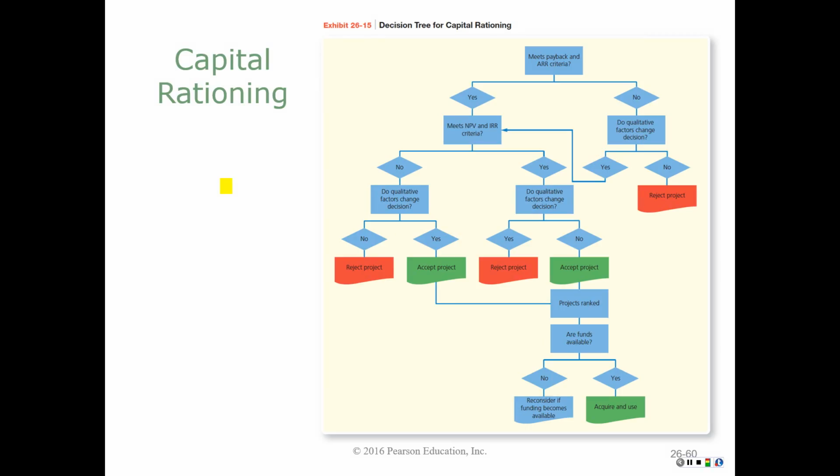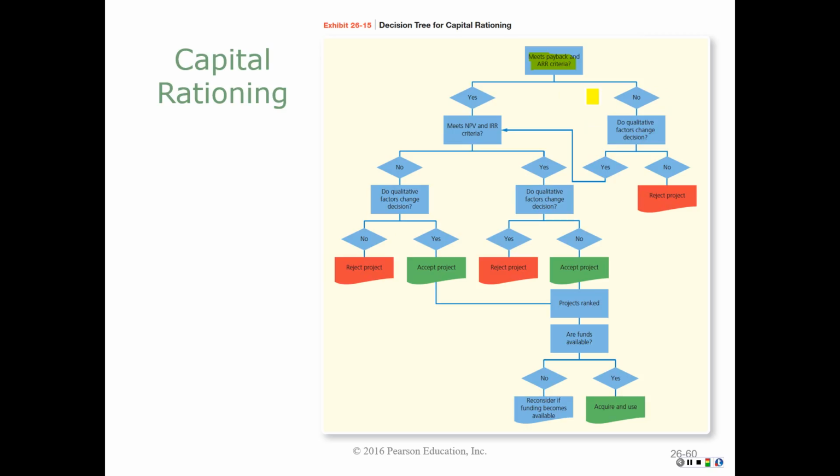So finally, with all of the tools that we have used, remember we mentioned capital rationing. Well, if we start with our payback and our accounting rate of return criteria, if for some reason the investment that we're considering does not meet them, the payback period is too long or the accounting rate of return is too low, then do we automatically just ditch this potential investment decision?